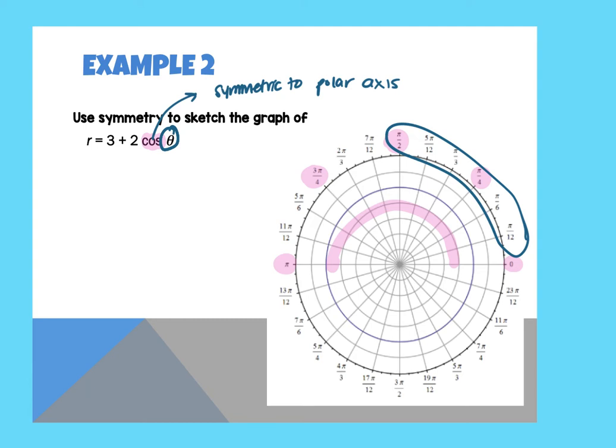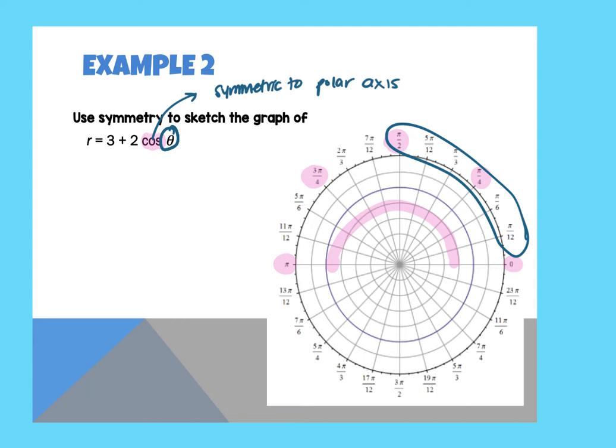Now, if I plugged in negative pi over 6, cosine is also positive root 3 over 2. So when the angle is negative on cosine, it doesn't even matter. It goes back to positive. So that's why it's a test. Only cosine is even like that. So the cosine at 5 pi over 6 is the same as the cosine at negative 5 pi over 6.